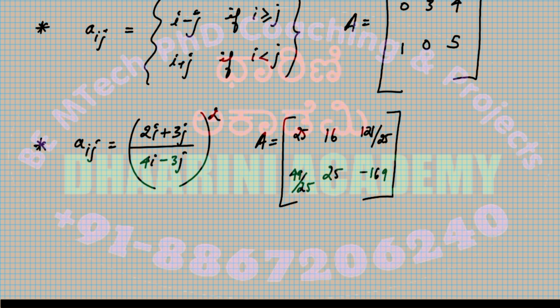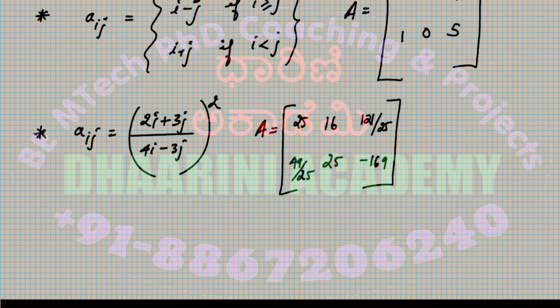Okay, that's right. So like this, we can create any matrix by using the relationship between i and j values.